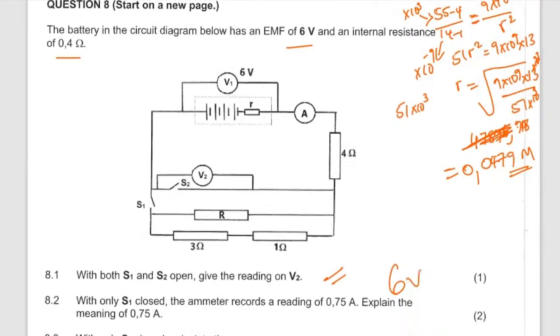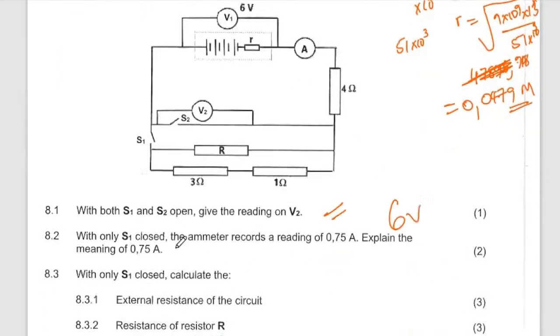Then with S1 closed, the current flows through R, and the reading recorded on the ammeter is 0.75.